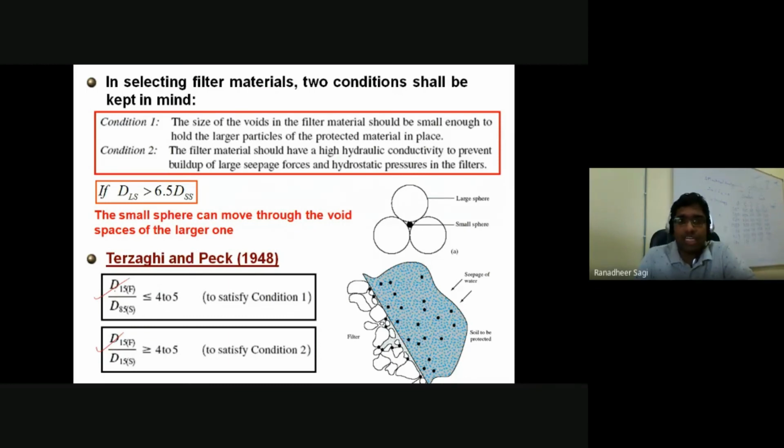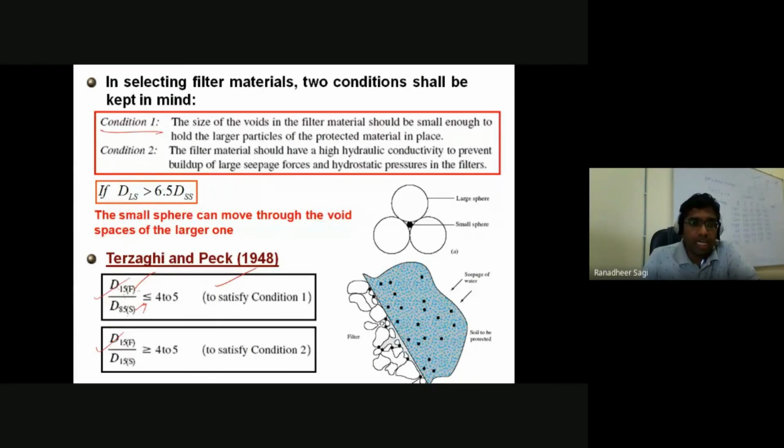You understand what D15, D85 and so on are; all these numbers you have already come across. What does F here refer to? F refers to filter and S refers to soil, the soil in which your seepage is taking place. The ratio of the D15 value of the filter to the D85 value of that particular soil in which the flow is taking place should be less than or equal to 4 to 5, to satisfy the first condition listed above.